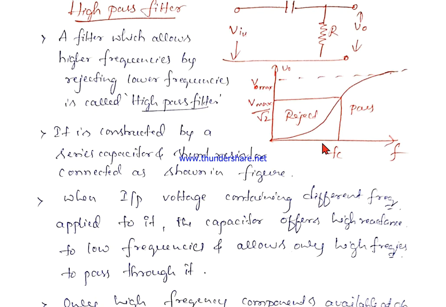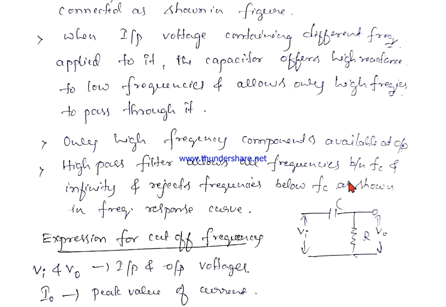For lower frequencies the output will be 0 or nearly 0, and as we increase the frequencies beyond the cutoff frequency, the output voltage reaches the maximum. That means in a high pass filter, the circuit will allow the frequency components above the cutoff frequency up to infinite level.